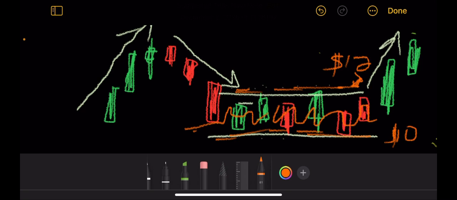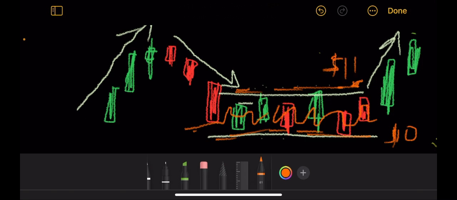Now, sometimes you have ranges where it's 50 cents to $1. So just say this was actually $11.